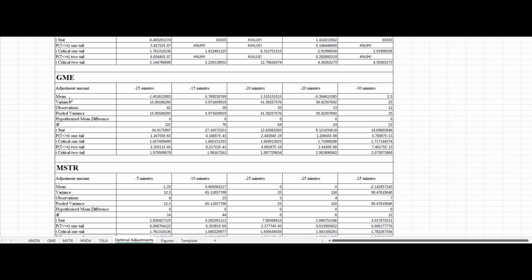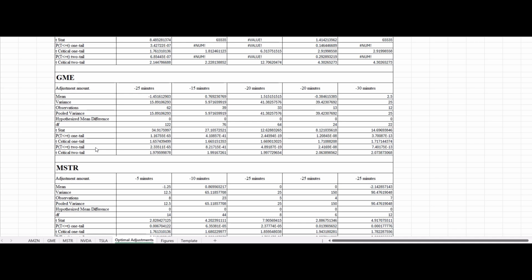So apart from the mean, we also considered the two-tail p-value, and with our t-test, an alpha value of 0.05 was used.